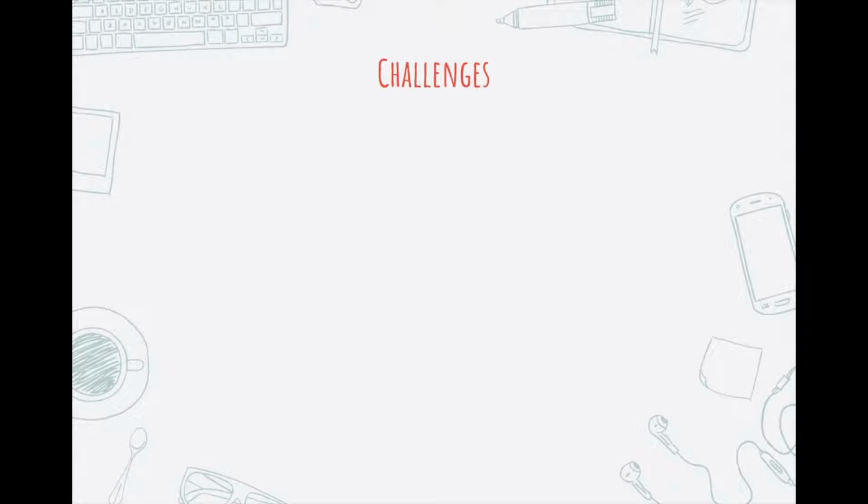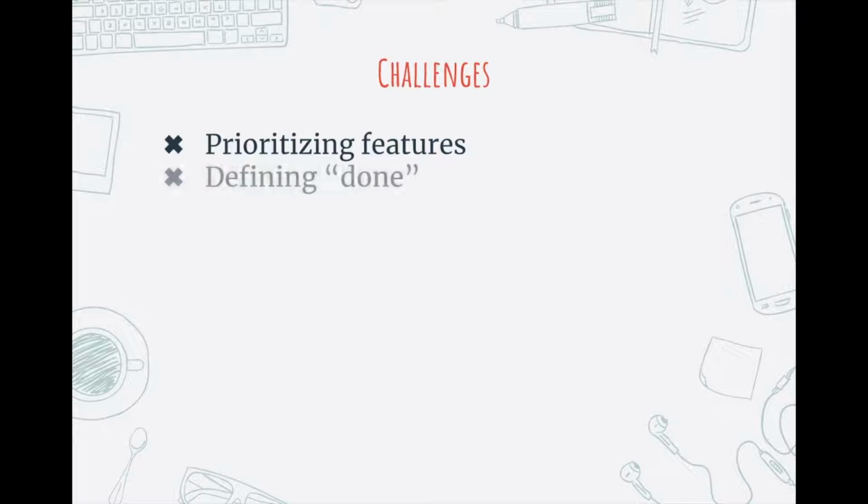Now, some common challenges that we'll face along the way are how to strategically prioritize features to make sure that you're getting the most value out of the least amount of effort. Being able to define what is done. People sometimes define features in too broad of terms to have a common understanding of what will be offered when things are done.